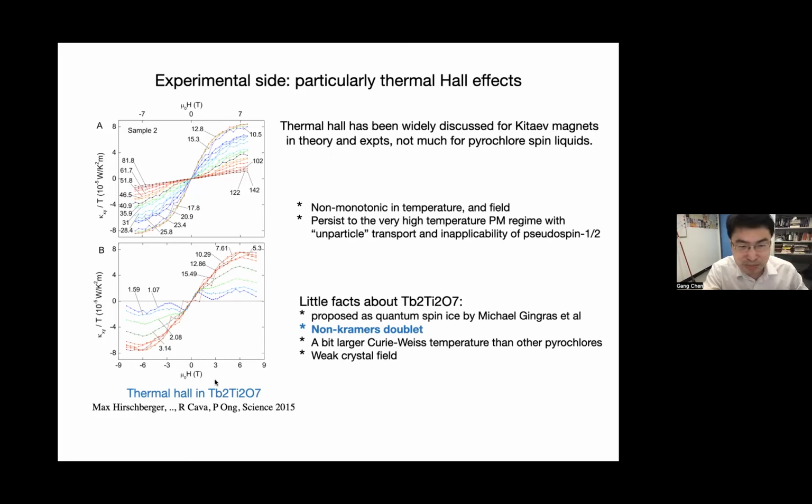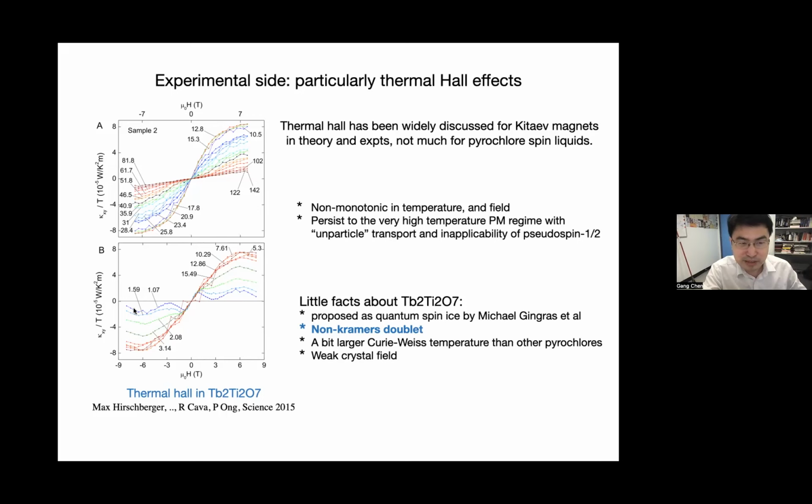One of the very early experiments was performed by Max Hirschberger's group, and he talked about ytterbium yesterday, which was ordered. He did not talk about terbium today, which stays disordered all the way down to the lowest temperature, and was proposed as a pyrochlore quantum spin-ice material by Gingras.